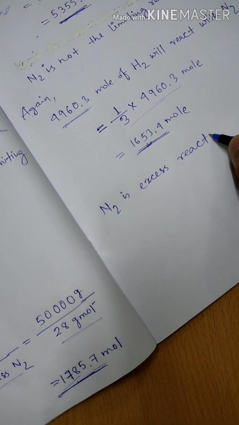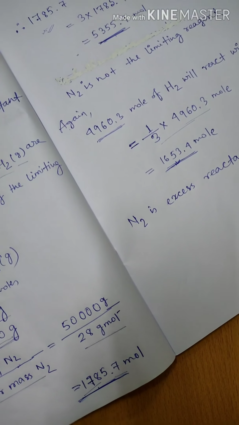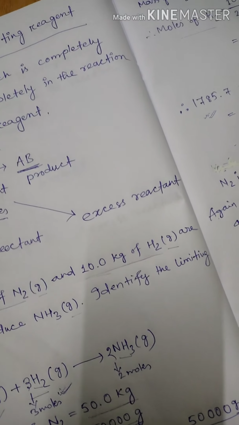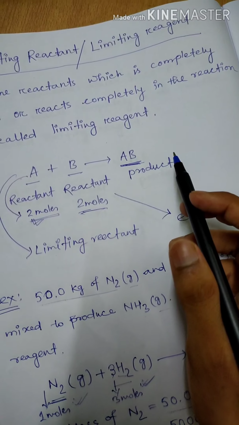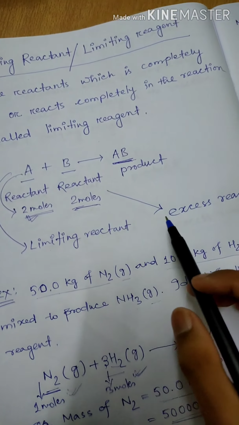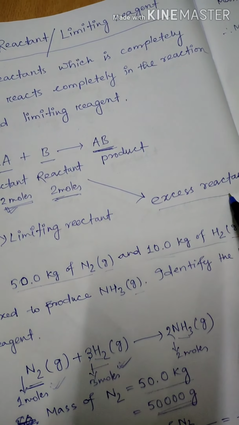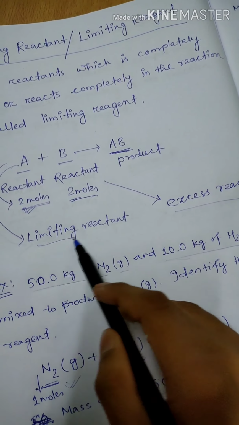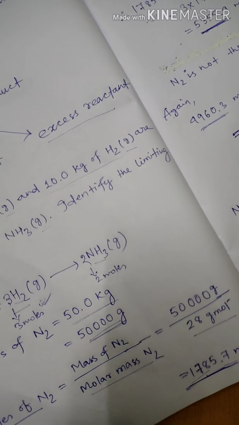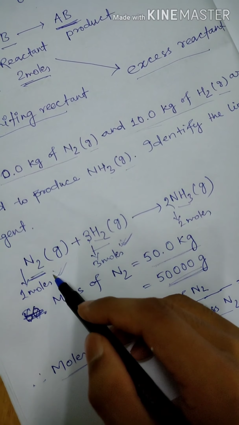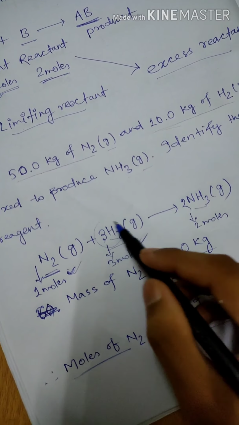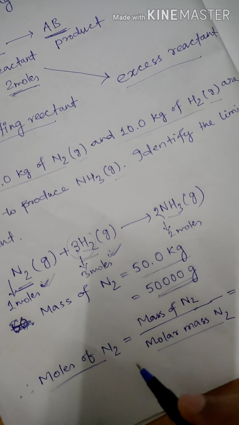So what we have got in the first example which we considered, A plus B gives AB, meaning if B is the excess reactant, then reactant A will be the limiting reagent. So here if N2 is the excess reactant, then obviously H2 is the limiting reagent.